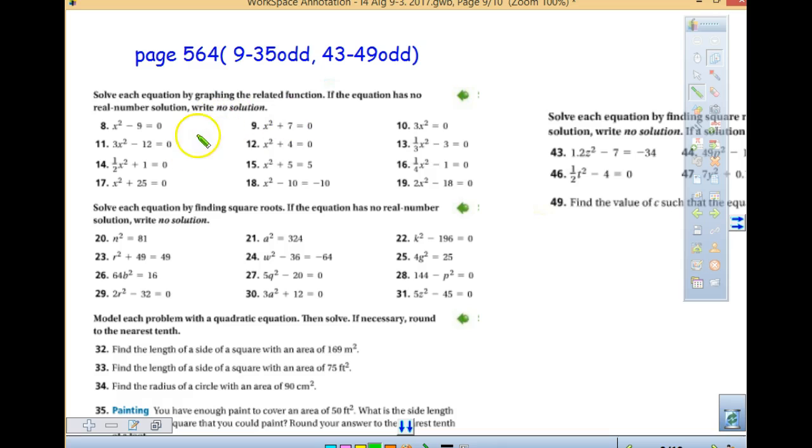So when you put on your paper, if I was doing number 8, I would see you write down this problem. You're doing the odd, so you're going to start with 9. I'm going to do number 8, so I would have written this on my paper. The next thing I would do is rewrite it.